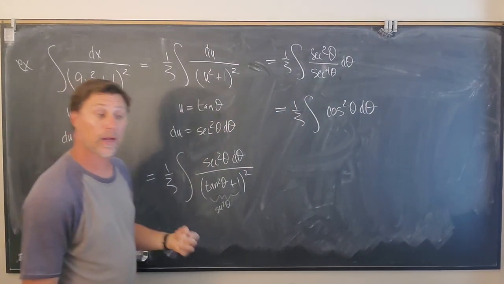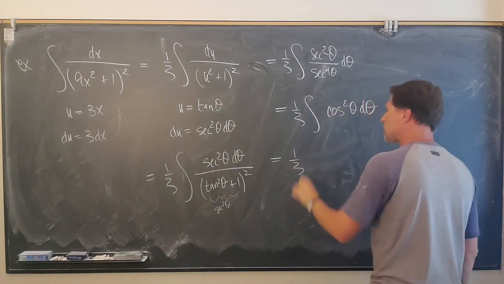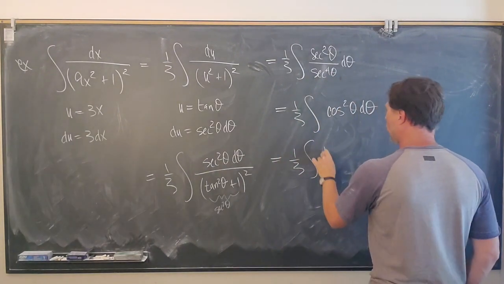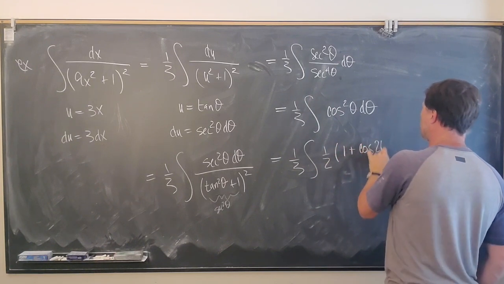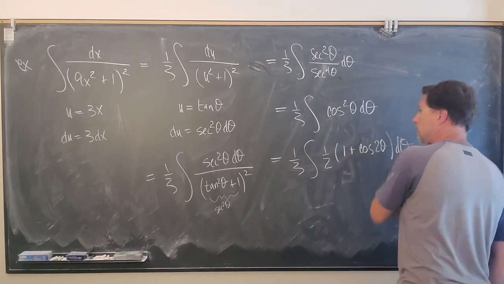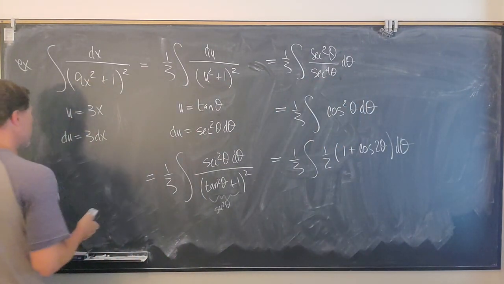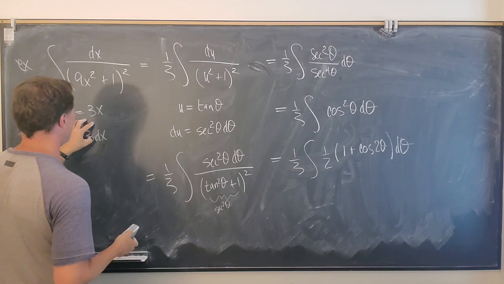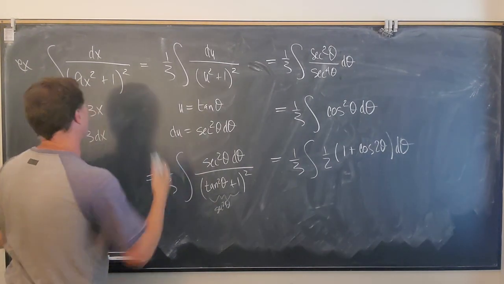Now remember how to integrate a cosine squared. We've got an identity that allows us to deal with that one. So we'll have 1/3, and then we get a 1/2 times (1 plus cosine 2 theta) d theta. I've got to remember which substitutions I did: u equals 3x and then u equals tangent theta.